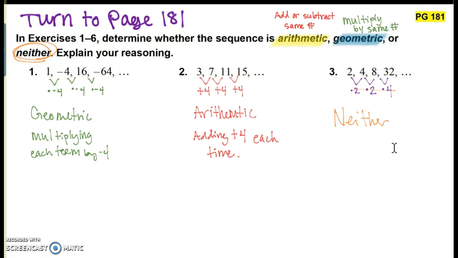And it's neither because we're not adding or subtracting by the same number and we're not multiplying by the same number.